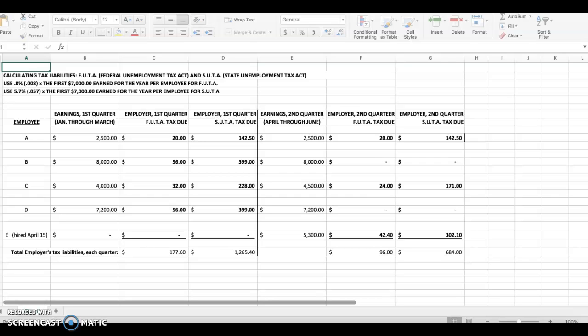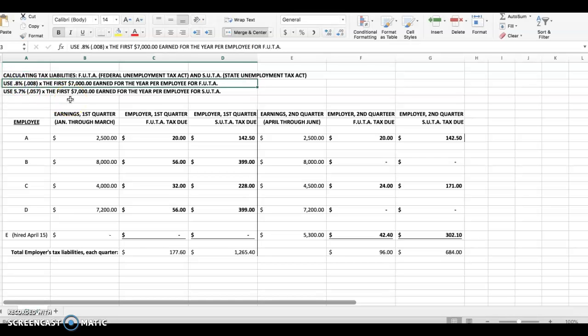As you see at the top, if you look at this line, the video yesterday used 0.8% for the federal unemployment tax, and we'll use the same percentages here. They can vary, particularly the state unemployment tax percentage, but to make it simple, we'll use the same percentages.